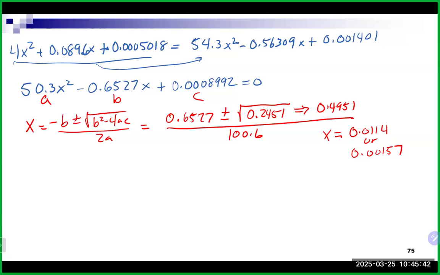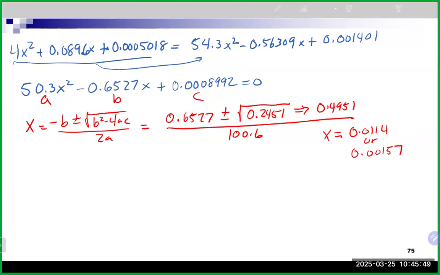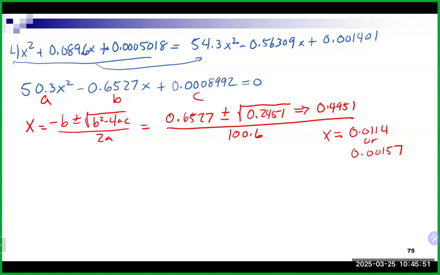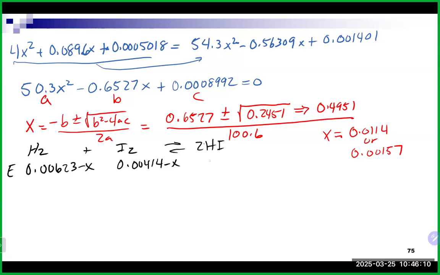So again, we have to determine which one is good or bad based off of our equilibrium line. So I'm just going to rewrite the equilibrium line of our ice table. For H2, it was 0.00623 minus X. For our I2, it was 0.00414 minus X. And for our 2HI, it was 0.0224 plus 2x.